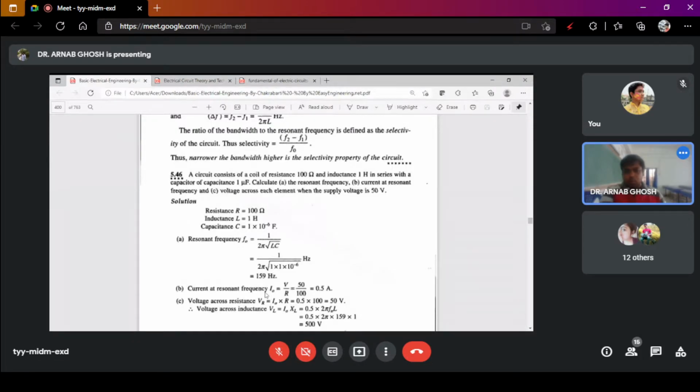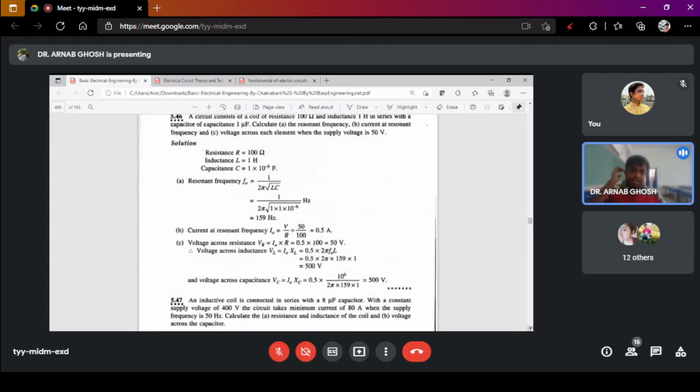This is 159 hertz. See? 1 by 2 pi into root over LC. So your 1 into 10 to the power minus 6 and 2 pi, that is 2 into 3.142. So please check this. Yes, it is 159 hertz.